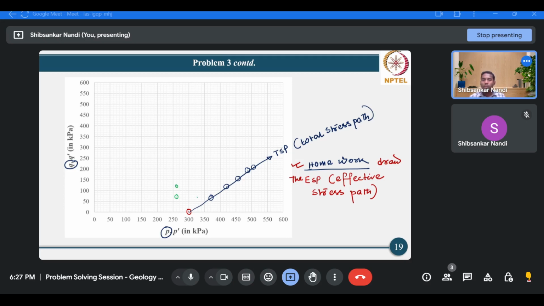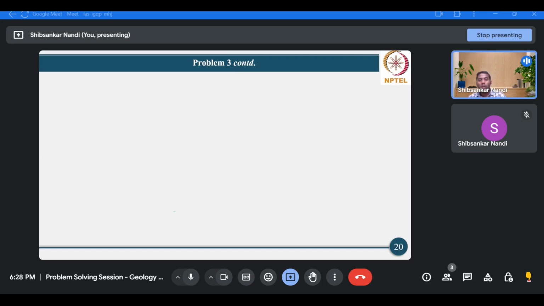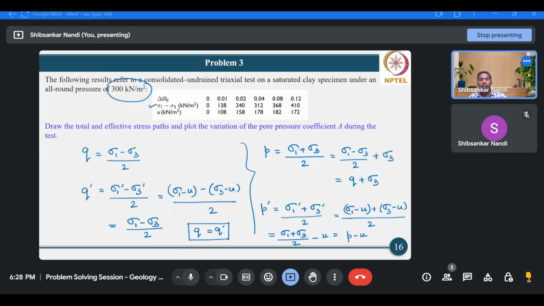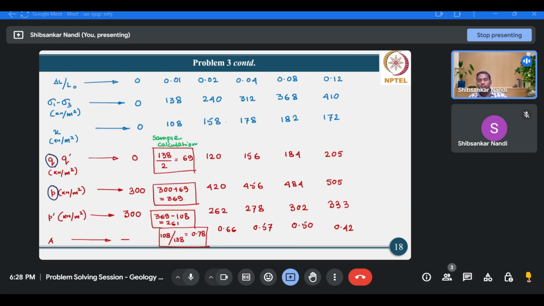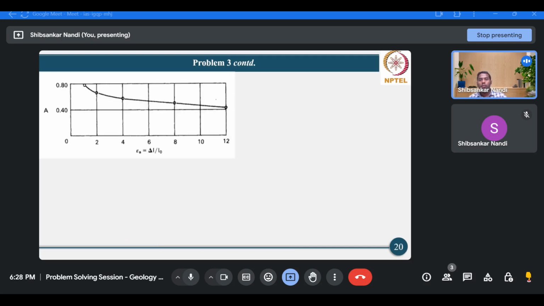Now we'll take the next problem. Okay, so one more part is still remaining to solve, that is the variation of pore pressure coefficient A during the test. So by utilizing this last row data and the first row data, we can plot this type of variation.